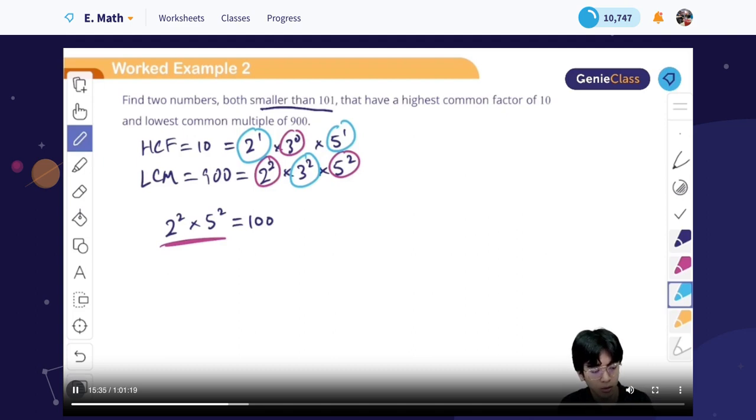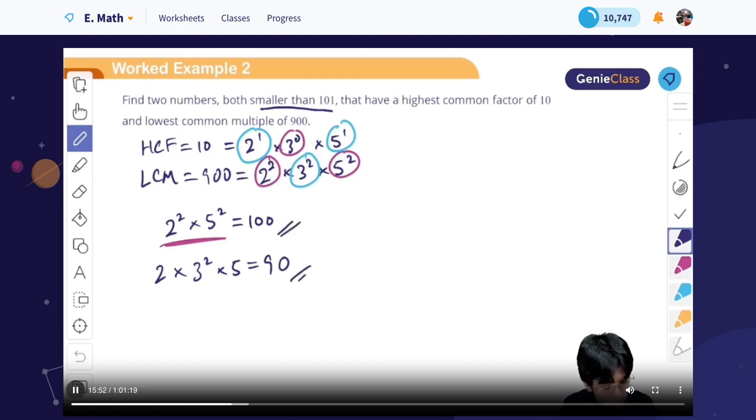So I will get 2 times 3 squared times 5, which gives me 90. That's how you get two numbers such that they are both less than 101. And if you do the HCF and LCM, you should get the 10 and 900.